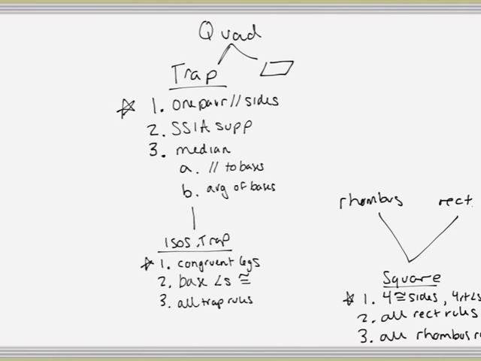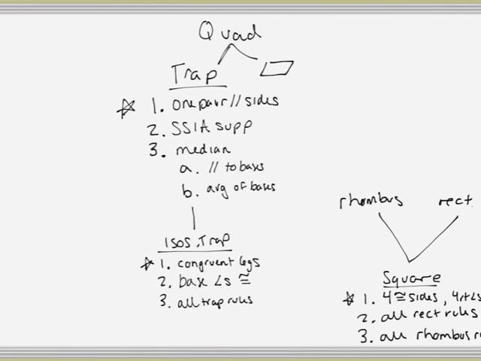So that's why yesterday in that chart for your homework, square was checked so much. Because if it applies to a parallelogram, it applies to a square. If it applies to a rhombus, it applies to a square. If it applies to a rectangle, it applies to a square. So a square has a lot of special characteristics because anything that's true for any of the others gets to be true for a square as well.